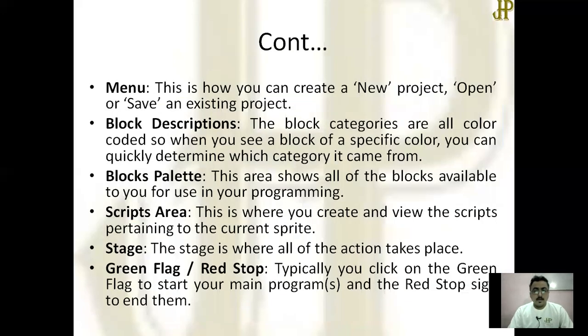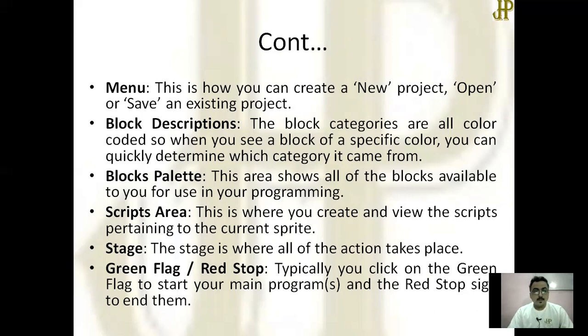Whatever I have said today, right now, these are the descriptions given. Menus for new project, open an existing project or save a project. Block categories are all color coded. So when you see a block of a specific color, you can quickly determine which category it came from.